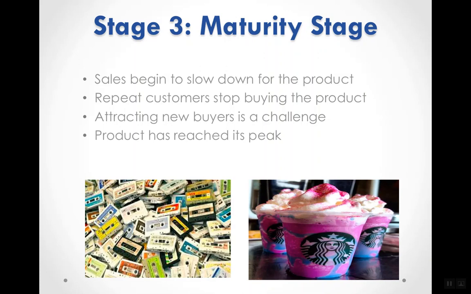That means you are saturated at one point. Repeat customers stop buying the product at this stage. Along with this, there is keen competition in the market, which brings pressure on the price. Price competition becomes intense. The marketing expenditure goes on increasing due to market competition.